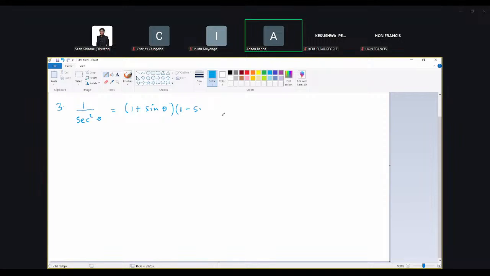Right, so this is the identity that we are going to verify. Now remember that it doesn't matter whether you start from the left and show the right-hand side, or you start from the right and show the left-hand side. So in this case, I will start from the right.